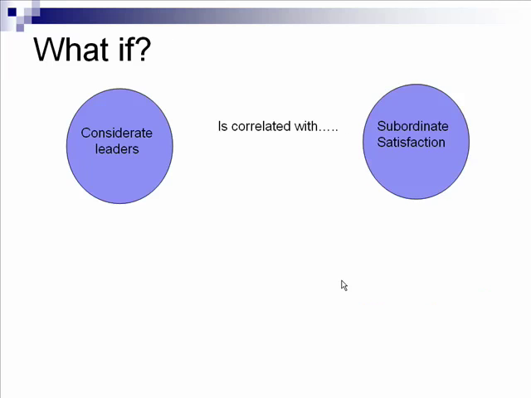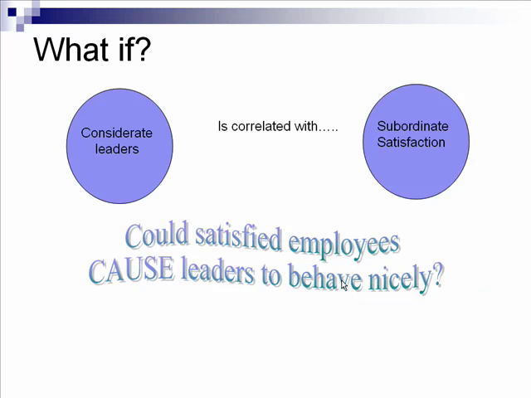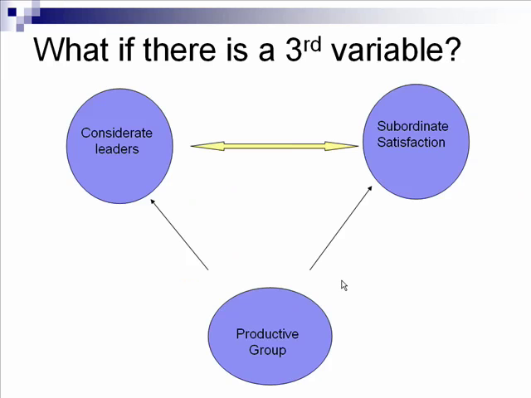Well, isn't it also plausible that satisfied employees could cause leaders to behave nicely? In addition to that, what if there's a third variable that's going on here that could explain that relationship? So what if we just had a productive group that is related to both of these variables? In other words, a productive group could lead to both considerate leaders and subordinate satisfaction.